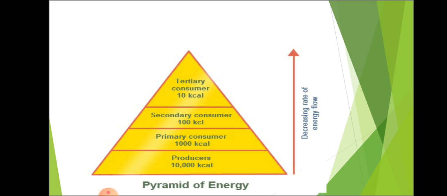And it is useful in quantifying the energy transfer from one organism to another along the food chain. So we can say that energy decreases as one moves through the trophic levels from the bottom to the top of the pyramid. And that is why the energy pyramid is always upward.